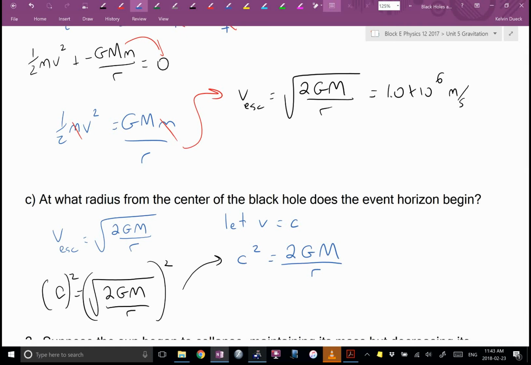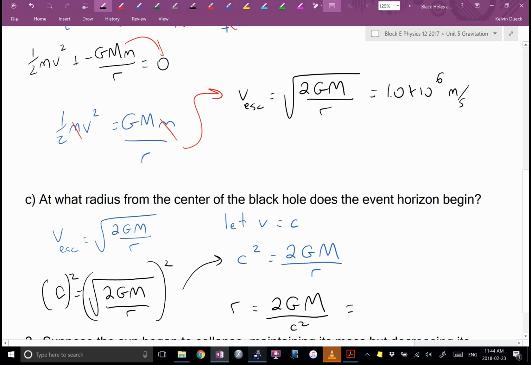Where is the R right now? On the bottom. So times it to the top and move the C squared down. I think you'll get this. R equals 2 big G big M over C squared.